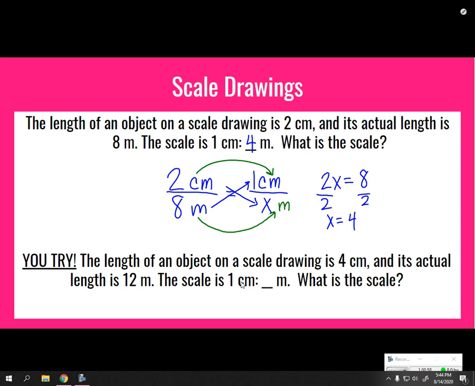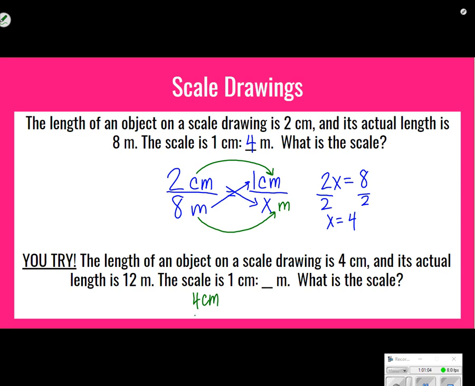All right, so we see that the scale drawing is 4 centimeters to 12 meters, and we want to know 1 centimeter to how many meters. Now, some of you can reduce that as a fraction, right? Because look at this. 2 over 8 reduces to 1 over 4, which is our 1 centimeter over 4 meters.